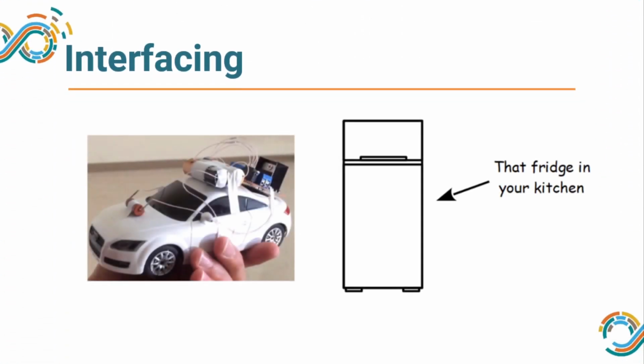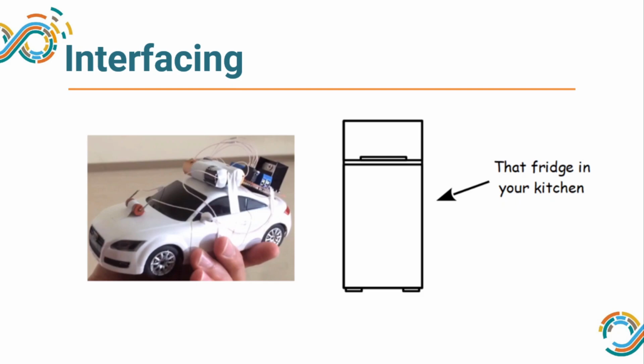Some of the examples are, you would have seen some toy cars like remote controlled cars. They are all microcontroller driven. Their motors which are running the tires, or their sensors which are sensing the incoming RF signal, all of them are interfaced on one microcontroller.